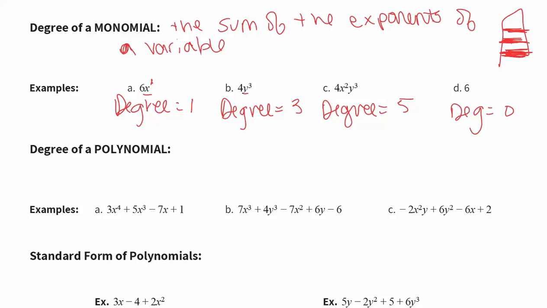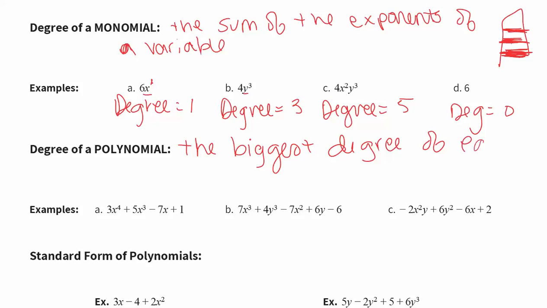The degree of the polynomial, of a whole algebraic expression, would be the biggest degree of each monomial. A monomial is one term, so I'm going to look for the degree of each monomial, and the biggest one wins for them all.